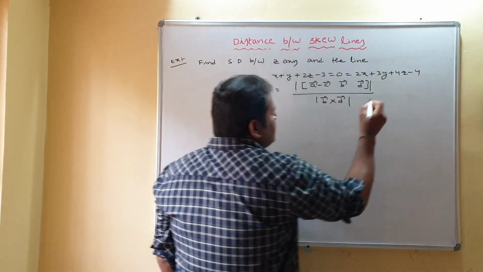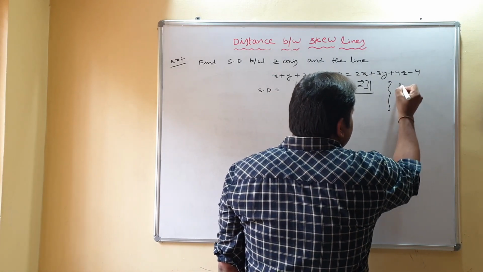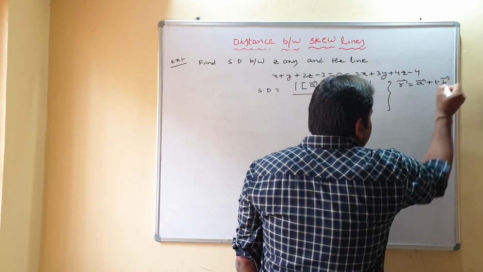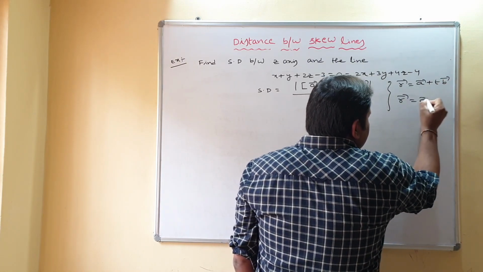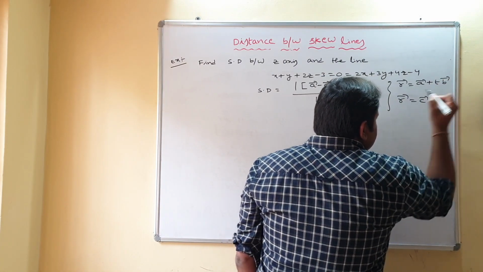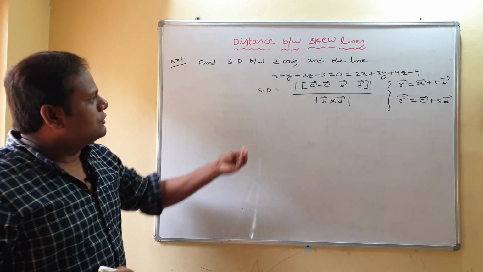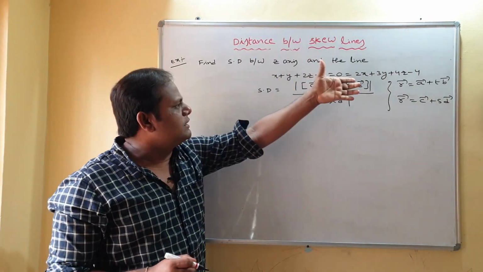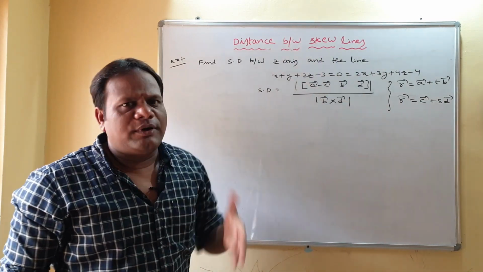Here the lines are r bar equal to A bar plus t B bar, and r bar equal to C bar plus s D bar. So, to apply this formula, first you should write both the lines into vector form.